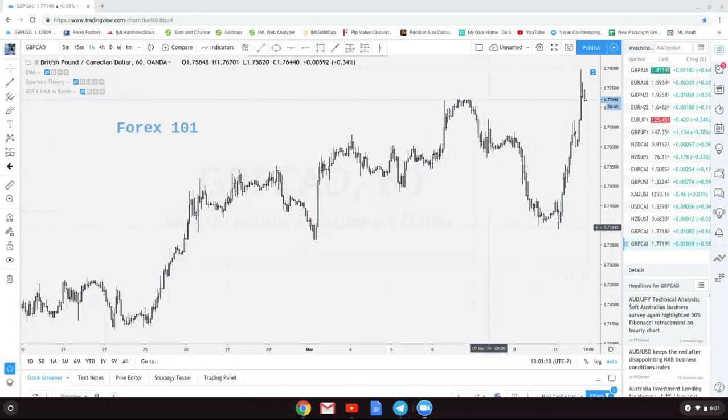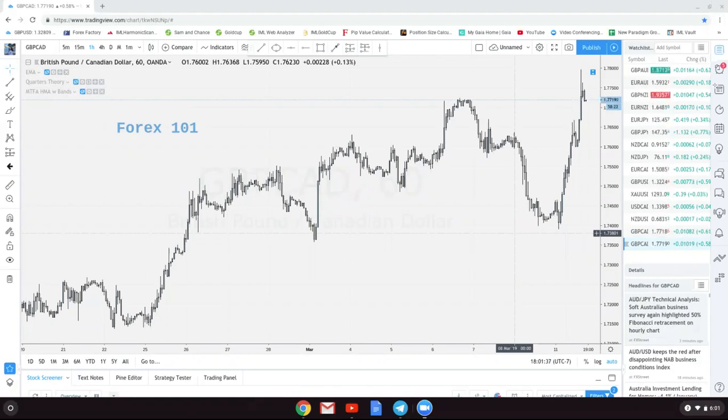Okay, so Forex 101. Essentially, what we're doing here is that we are trading foreign currency. If you ever travel across the country before, you know you have to exchange US dollars for whatever that country's currency is in order to spend money. But when we trade these currencies on a smartphone, there's no actual exchanging going on.